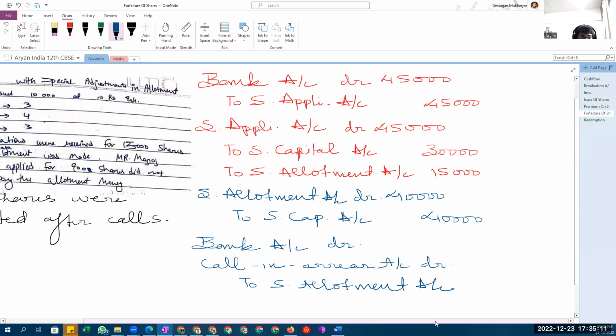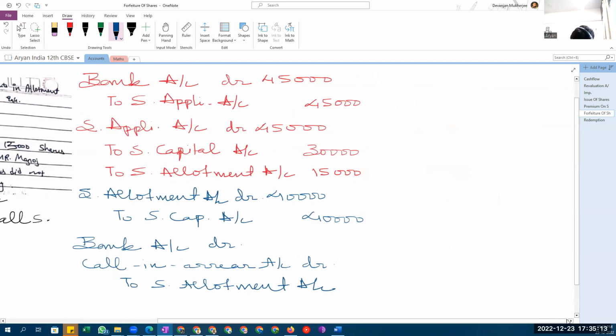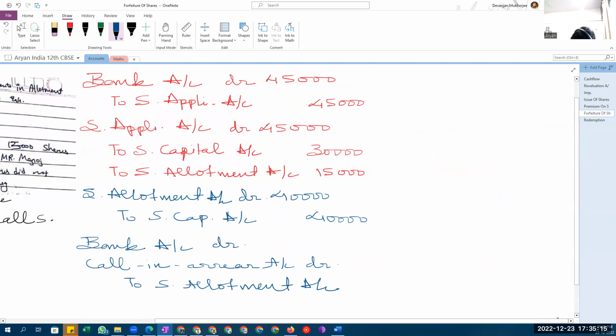So in the bank, if we adjust the 15,000 against the 40,000, we were supposed to get 25,000 in the bank.